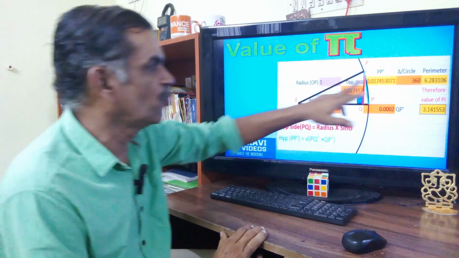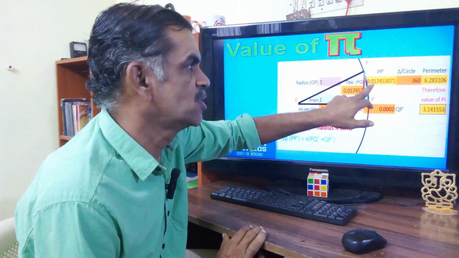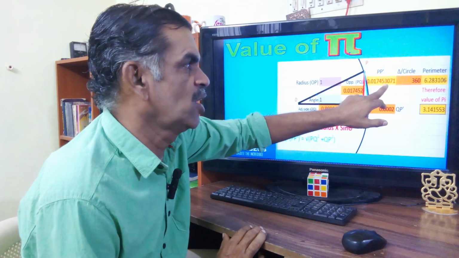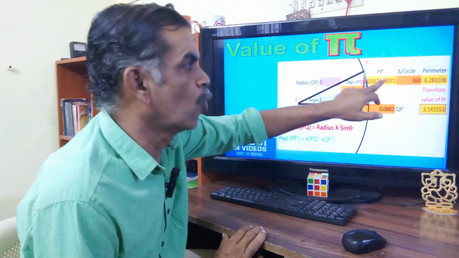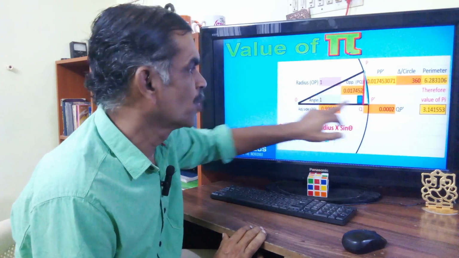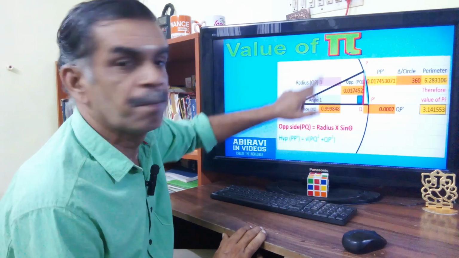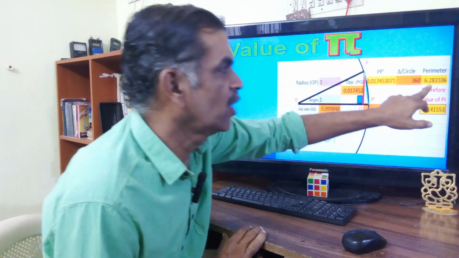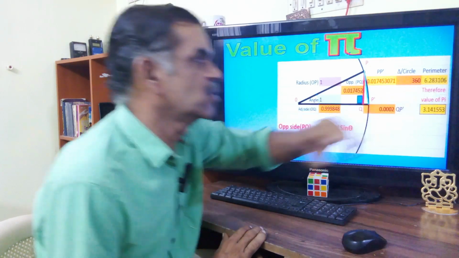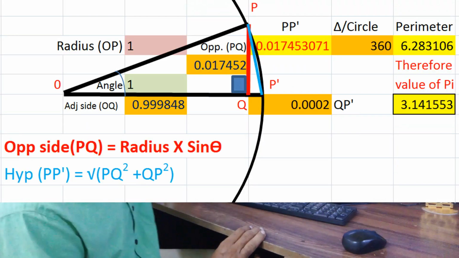This way we have calculated this circle. So we have 0.17453071 for 1°, and if we multiply it by 360 for a complete circle, we will get 6.283106 as the perimeter of this circle.